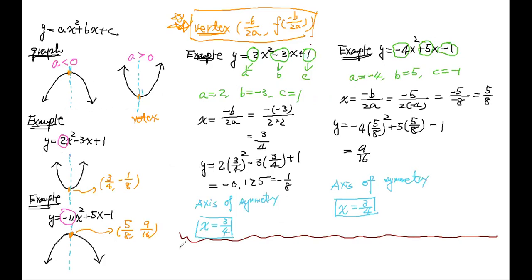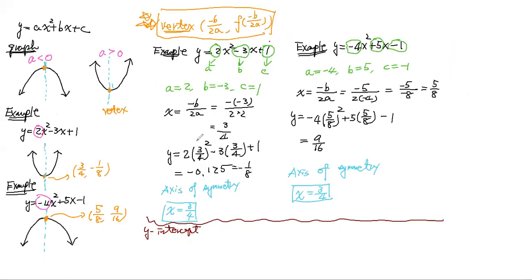The y-intercept is when x equals 0, so you put x equal to 0 here. Then y equals 1, because you put x back and get 1. So the way you write it, the y-intercept is (0, 1).